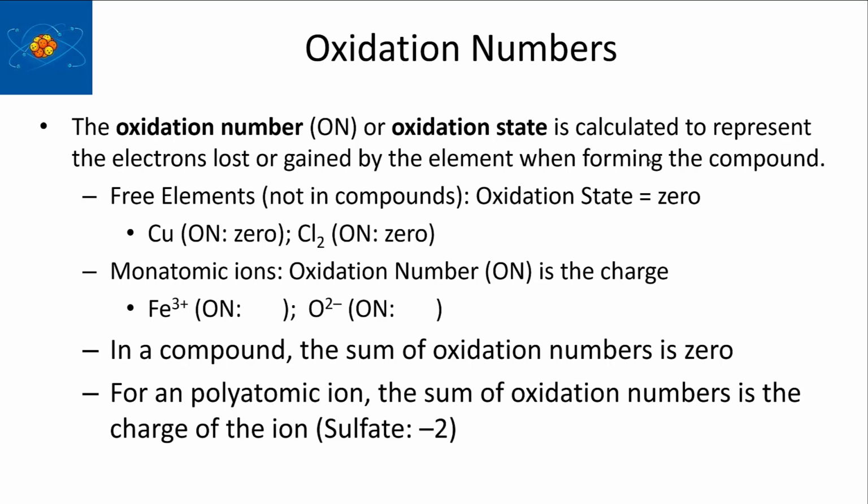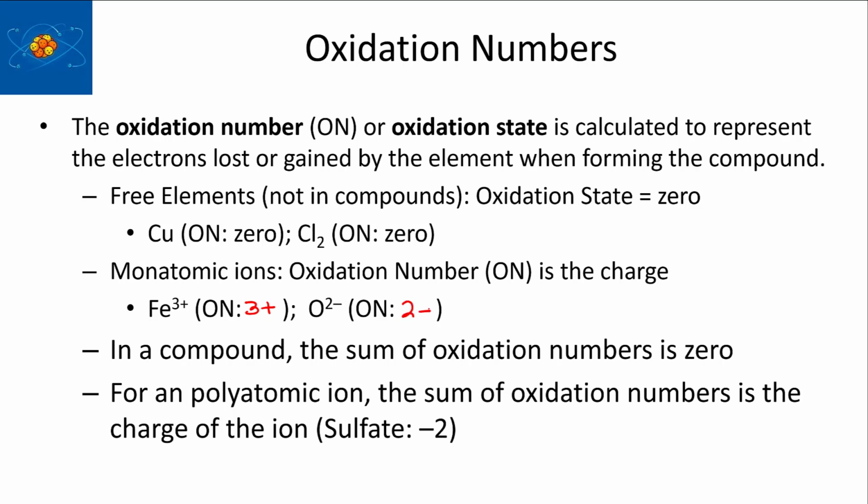So free elements, that is elements that aren't part of chemical compounds, are always oxidation state 0 or oxidation number 0. Monatomic ions, as we talked about, have oxidation numbers equal to their charge. So for iron 3 plus, for example, this would be 3 plus, and for O2 minus, it would just be 2 minus.